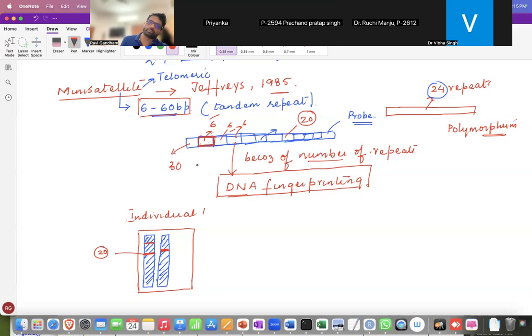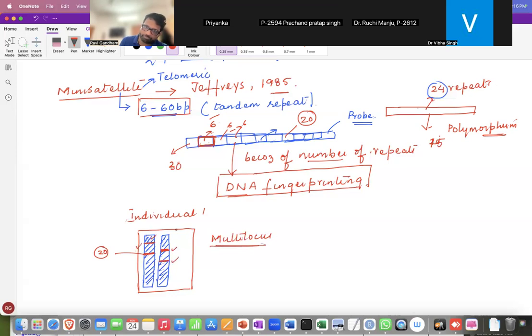And this is also present in the other individual, and instead of 30 repeats somewhere else in the genome, let us say it has got 15 repeats. So we'll have a 15 repeat band here. So likewise, mini satellites now become multi-locus. Why multi-locus? Because you are identifying at different loci.